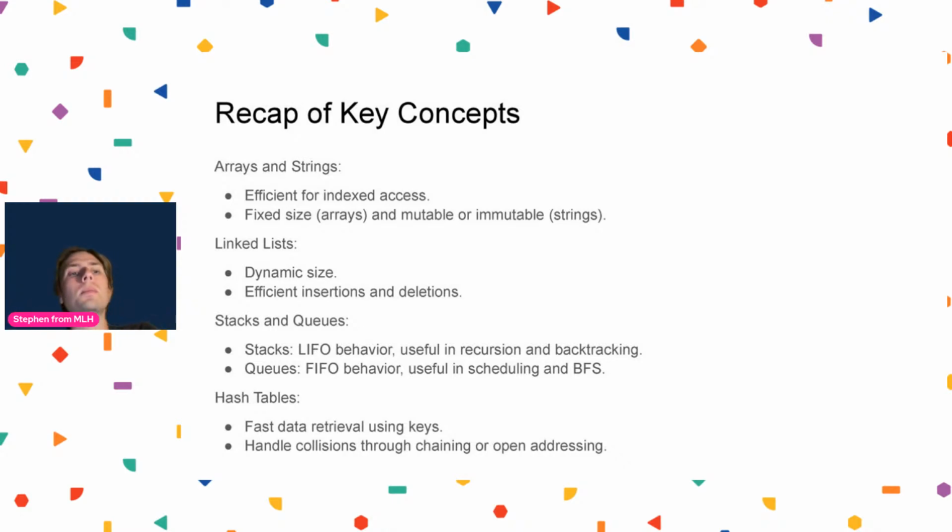We did some problems with those. And then linked lists, we then moved on to. We talked about how they can have a dynamic size, and they're super good for inserting and deleting nodes of data. And then we moved on to stacks and queues, where we had 2 different behaviors: last in, first out in the case of a stack, and first in, first out in the case of queues, and how they have some slightly different use cases.